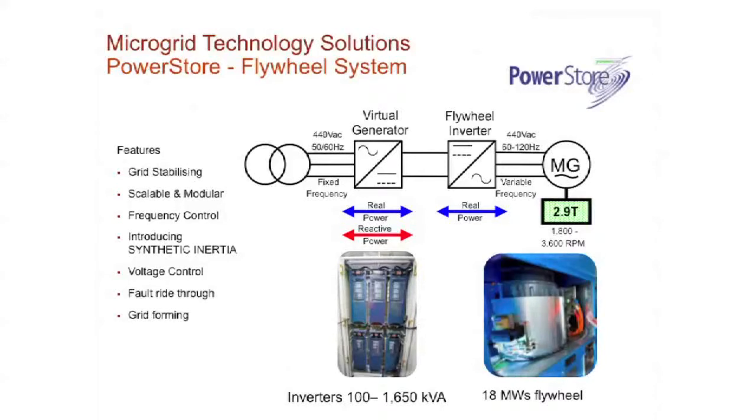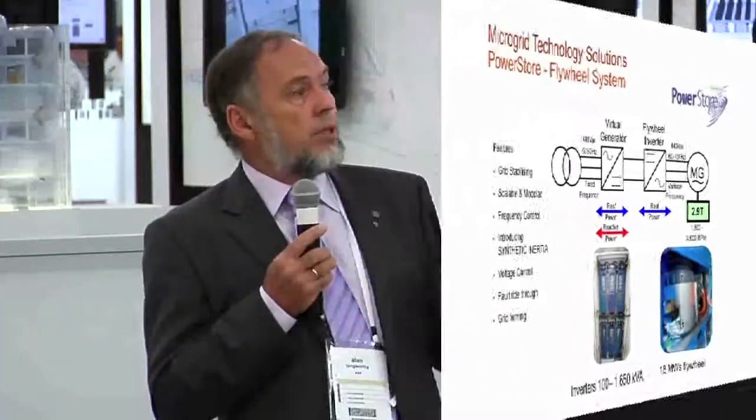This technology is now owned by ABB, and the fundamental truth in this is that it's so fast acting. What we had to do, we had to be able to move energy in and out of that flywheel an order of magnitude faster than the problem. So we're able to move megawatts of power into and out of the flywheel in 5 milliseconds or faster.